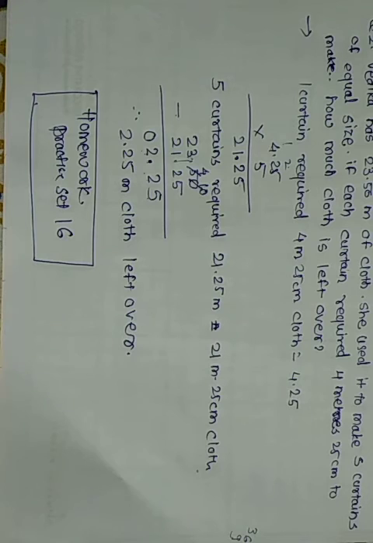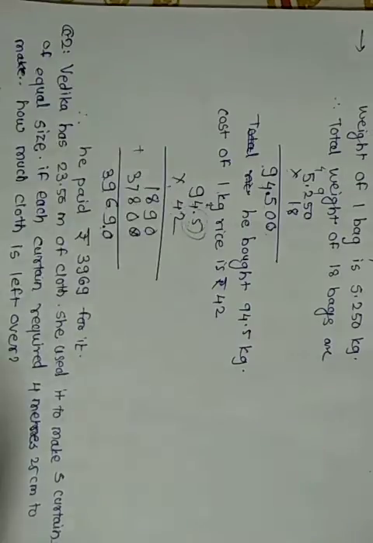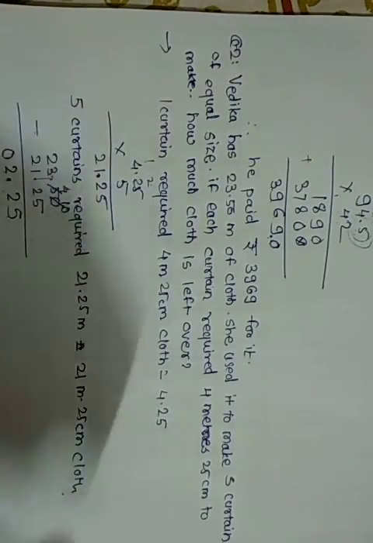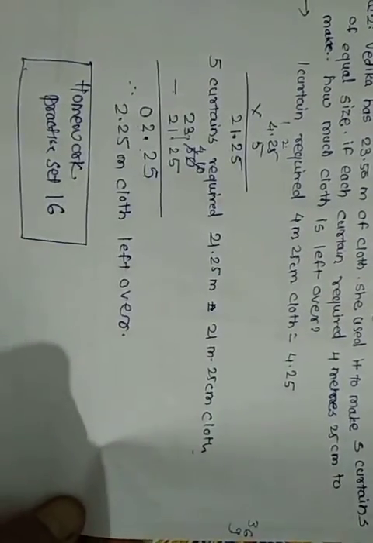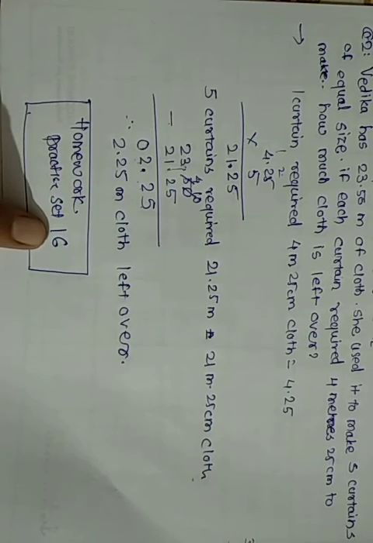In this practice set, in the first question they have given the products and you place only the decimal points, then multiplication of decimal points, and after that there are 2 word problems. See here, we complete these 2 word problems here only. Okay, this is your homework, today's practice set number 16.